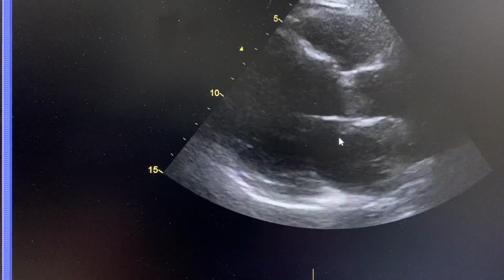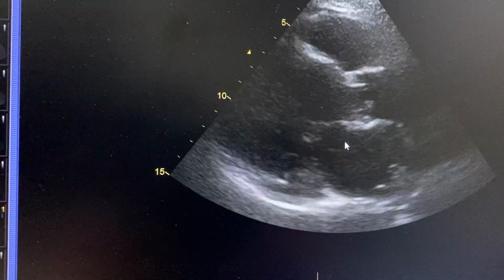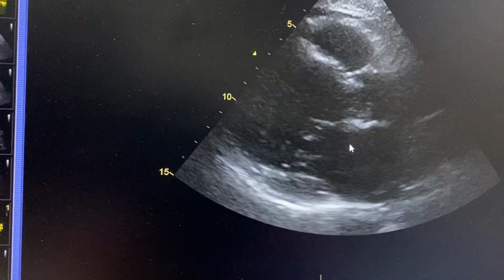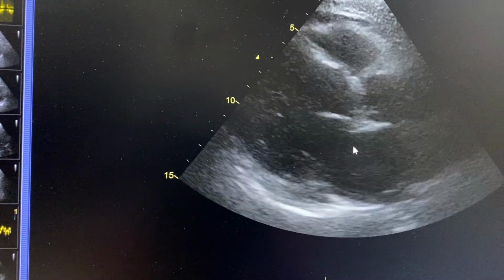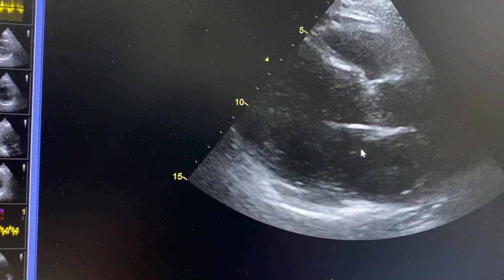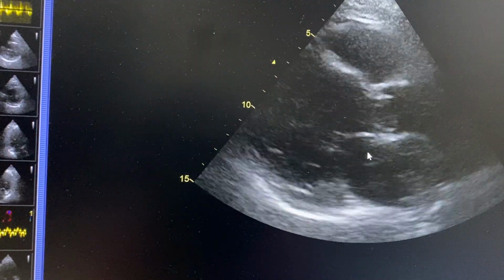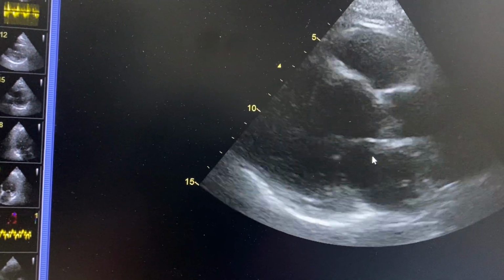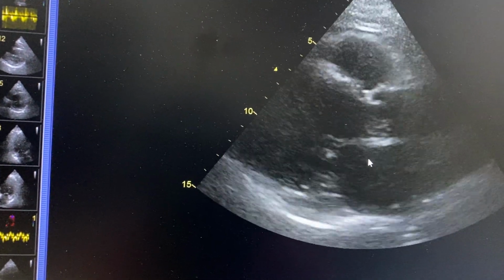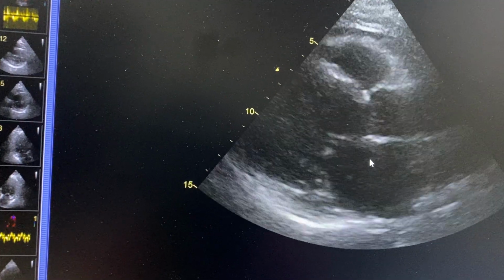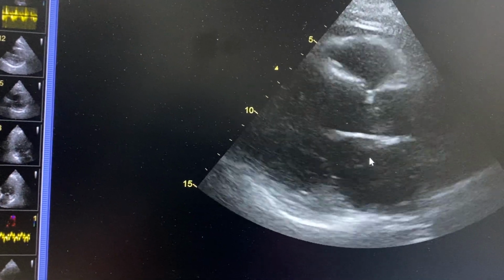In 95% of patients it is a branch of RCA, so they are right dominant. The posterior descending artery supplies the inferior wall of the left ventricle, which is therefore supplied by RCA.